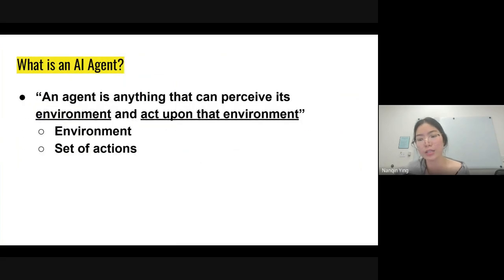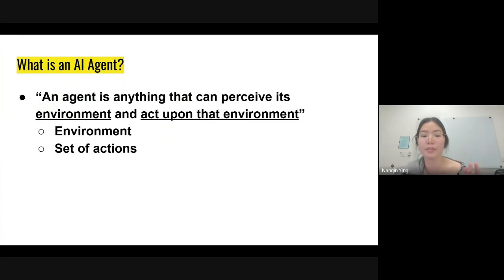So to understand an agent, we need to look at two main things: the environment it operates in, and the set of actions it is capable of taking.